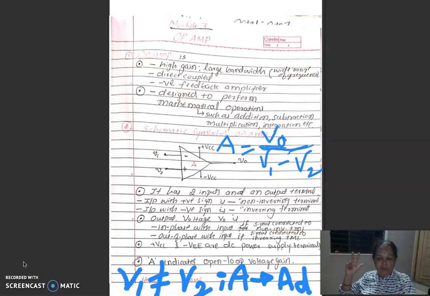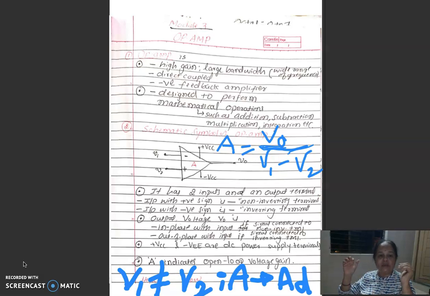Then you are going to see it as adder, subtractor, voltage follower, then integrator and differentiator. Okay, apart from that, some small concepts included here and there. Okay, this is the main flow of your topic op-amp.